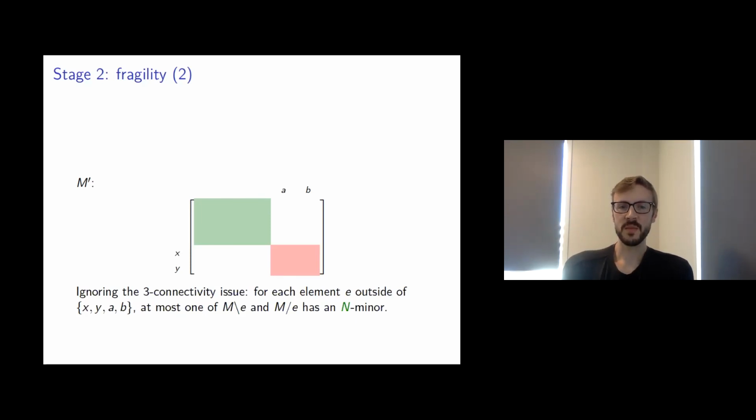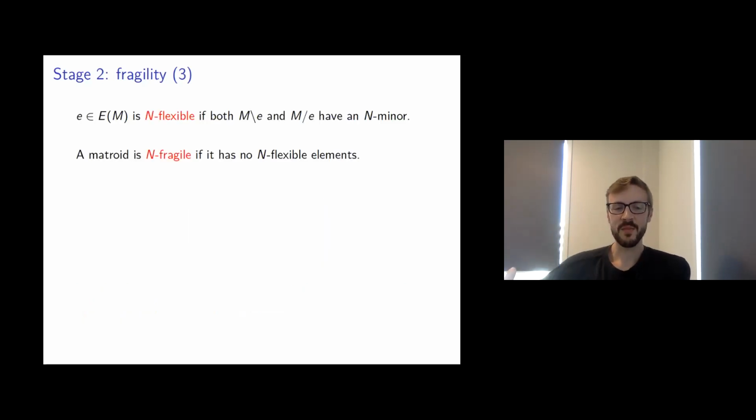Okay, so this leads us to the notion of a fragile matroid. And it'll be useful for me to have this concept of flexible elements. So I'll say, first of all, that an element is flexible if you can both delete it and contract it and keep the minor. And then a matroid's fragile if it has no flexible elements.